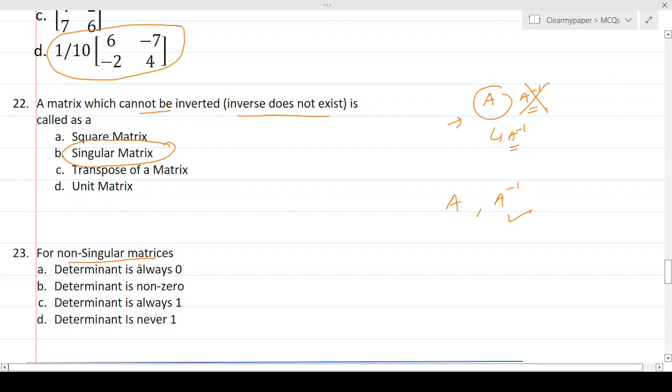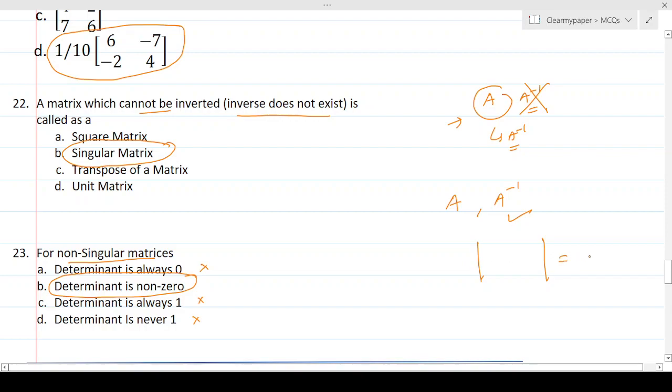For non-singular matrices, what happens? Determinant is always 0. I don't think so. Determinant is non-zero. Potentially yes, because for non-singular matrices, since it's invertible, the determinant is going to be non-zero. It will exist. Other answers are determinant is always positive, determinant is never 1. So I don't think any of this matches. So the test for singular and non-singular matrices, you find the determinant.